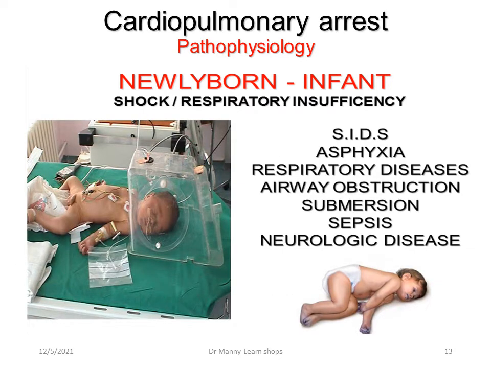And when we look at cardiopulmonary arrest pathophysiology, it's different in comparison to adults. If we look at the newly born, the infant, typically they have problems with respiratory insufficiency or shock, which could be SIDS, sudden infant death syndrome, asphyxia, respiratory diseases, airway obstruction, submersion, sepsis, and neurological disease.